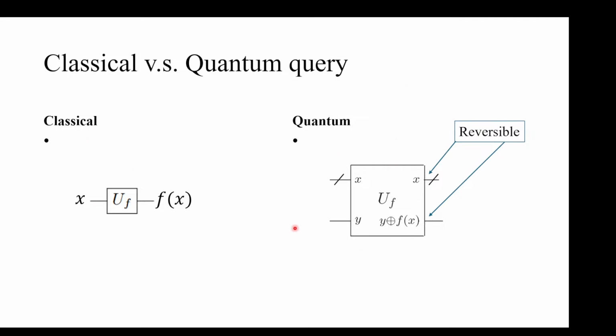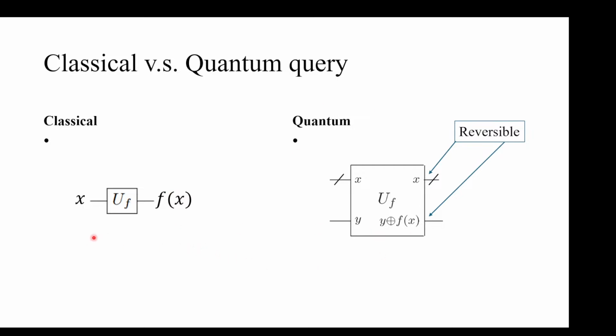The quantum query, I guess that's back to the standard version, is these blocks. It has an x part and a y part. x is the input, and it will write f of x to the output register here. And the classical oracle really doesn't need two registers. You just have x as input, and you compute f of x. And I guess this slide is just a comparison between the classical oracle and the quantum oracle.